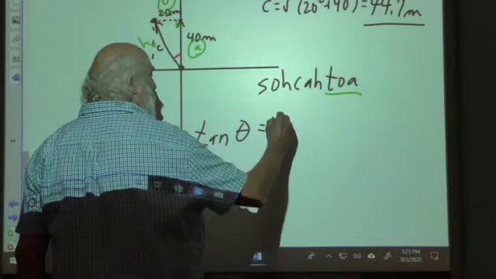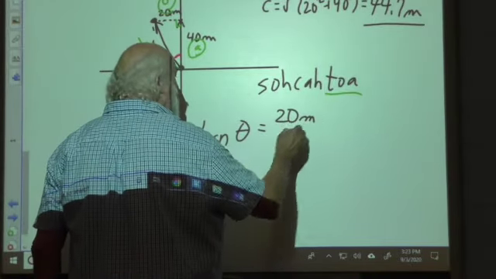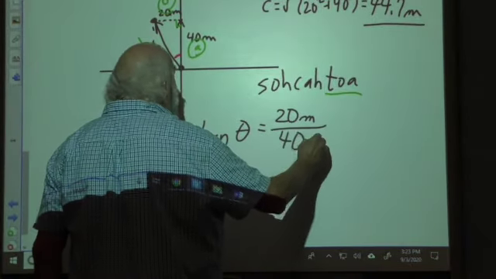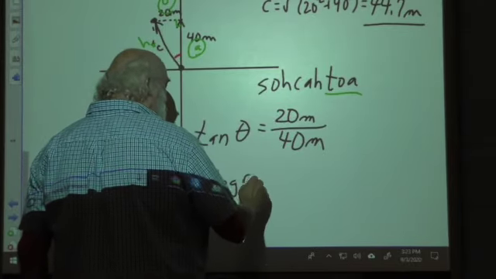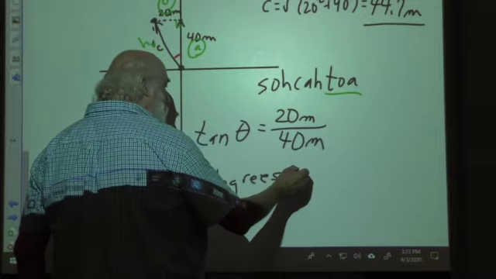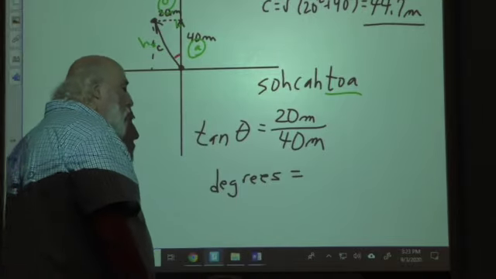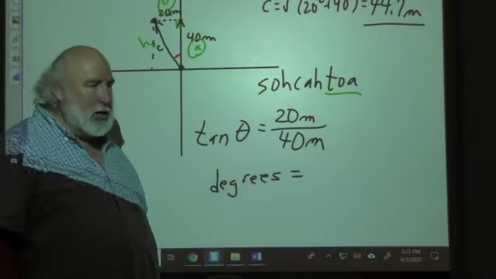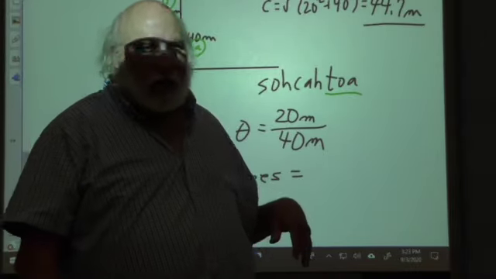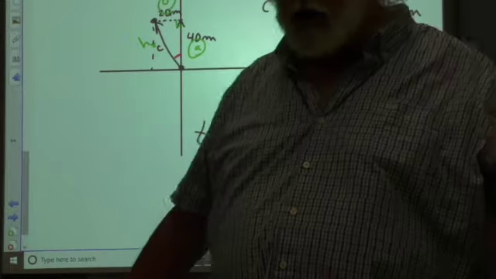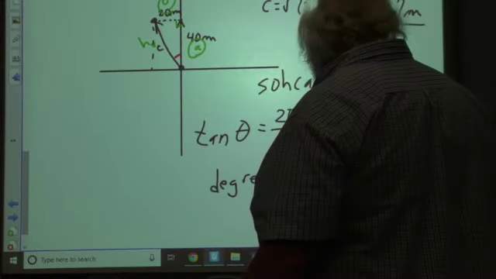Opposite, which is 20 meters, over adjacent, which is 40 meters. And I'm going to want this in degrees. We'll have lots of fun with gradients later on. So make sure your calculator is in the mode of degree. It won't have an effect upon the calculation for anything else, but for angles, it's really important.